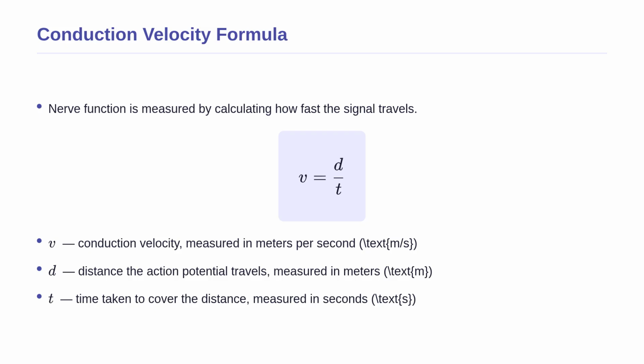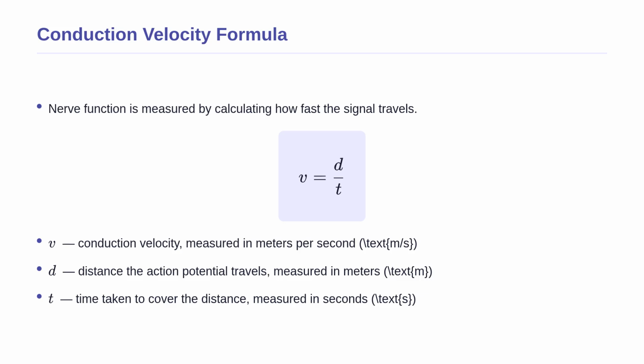Knowing how vital this speed is, we must establish a way to measure it, which brings us to our first mathematical representation. The most fundamental way to measure how well a nerve is functioning is by calculating its conduction velocity. Conceptually, this comes from basic physics, relating the distance traveled to the time it takes. In this formula, v represents the conduction velocity, measured in meters per second.